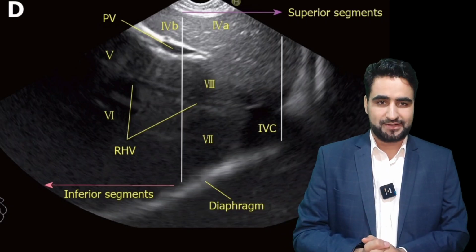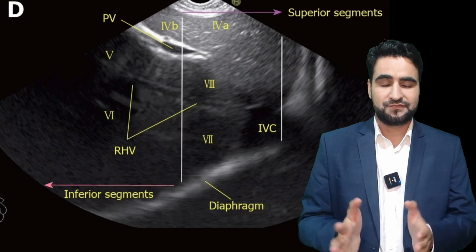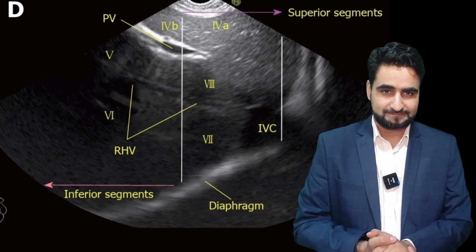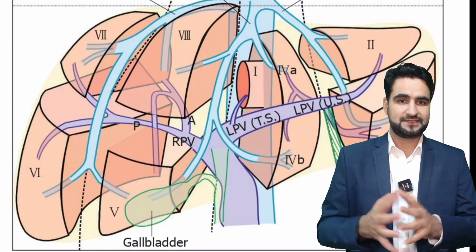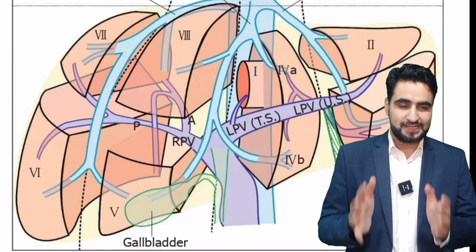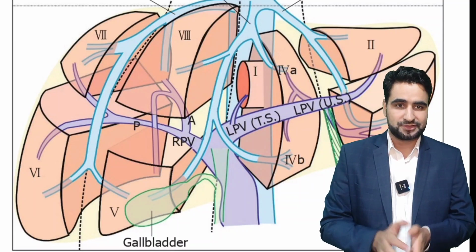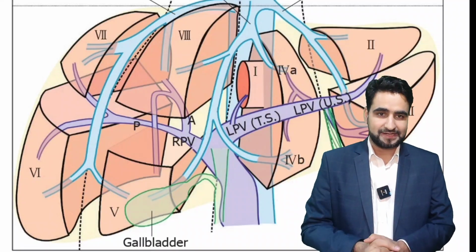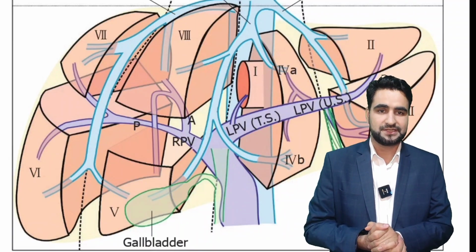Importantly, segment 1, that's the caudate lobe, has a direct drainage into the retrohepatic inferior vena cava, bypassing the main hepatic veins. Understanding these venous territories is vital, especially during hepatic surgery, interventional radiology procedures, and when evaluating tumor spread or planning surgical resections.